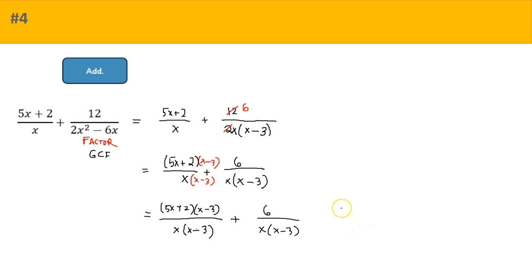So now at this point both denominators are equal. Okay, so up here we can do FOIL to multiply these things, distributing this 5x to both terms, and then do the same thing with 2.